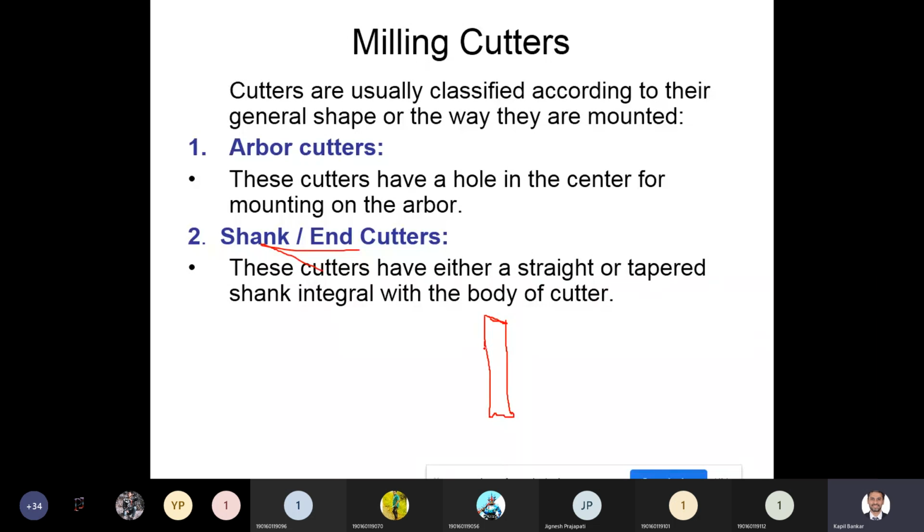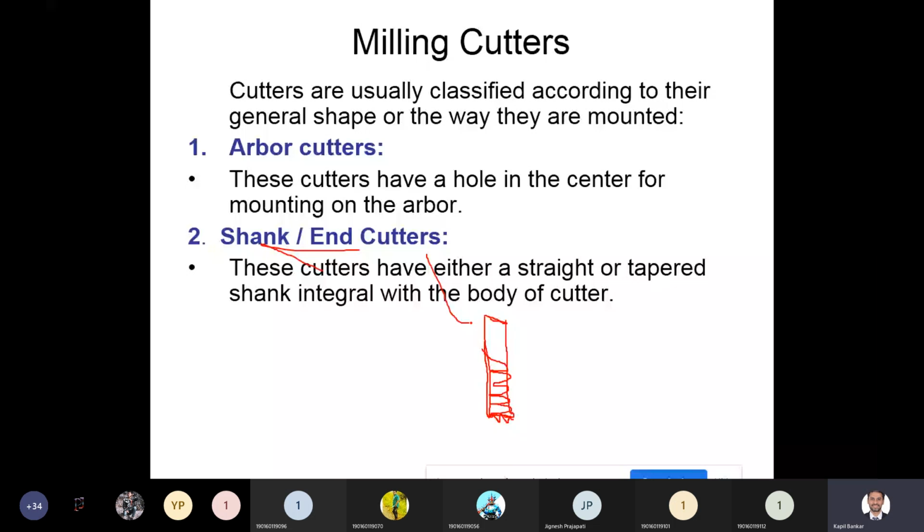This is a straight line. With the mouse it is difficult to draw, but it is like this. Sometimes on the periphery also there are some teeth, and sometimes only at the end there are some teeth. So this is nothing but an end or shank cutter.